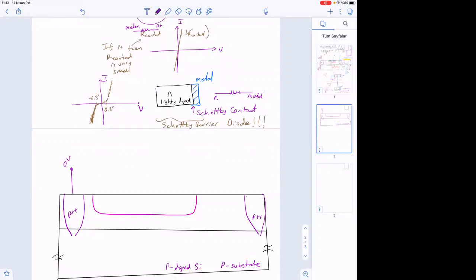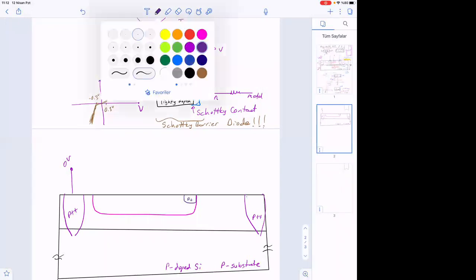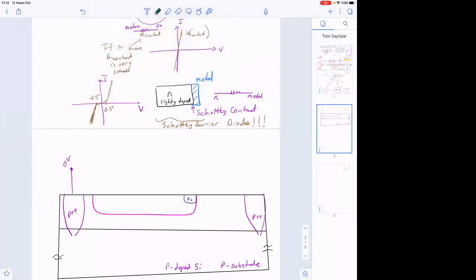Now I'll do this. Doping here, P+. And then we need to do N+ here. Oops, maybe not there. A little bit here.